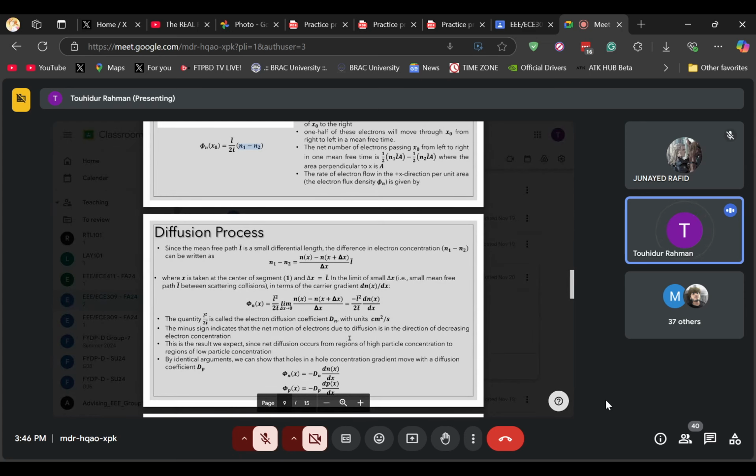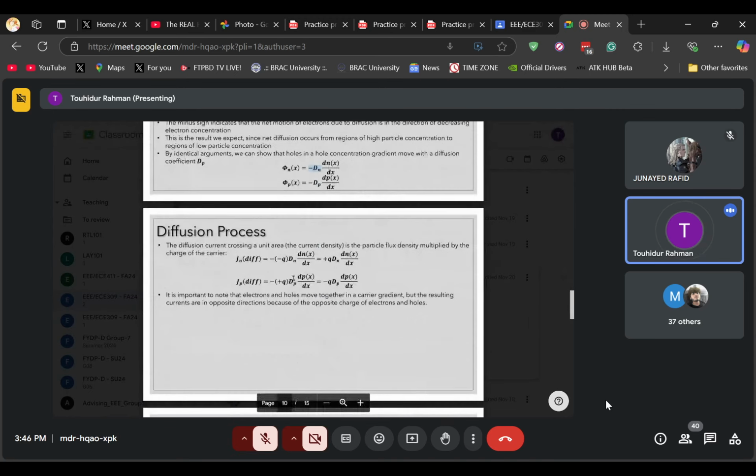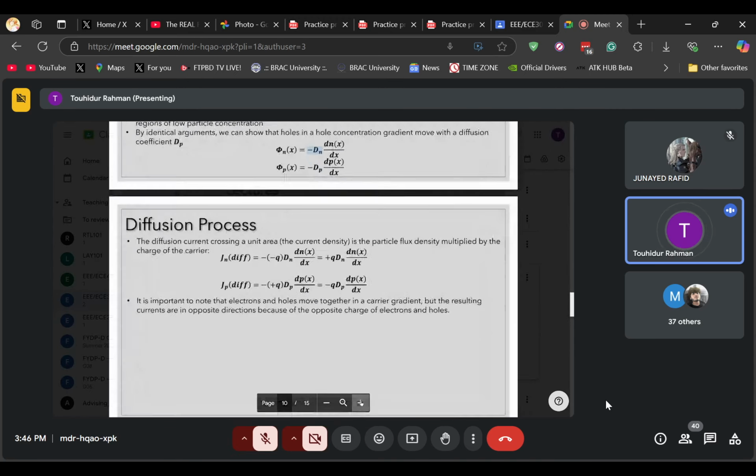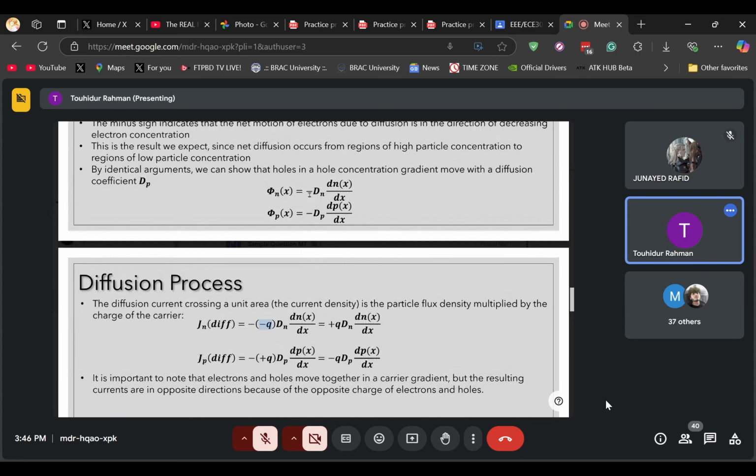Hope that makes sense. Now we know the equation of current is Q n v, we already know nv, we need to multiply it with the charge. So if it is electron, this charge will be negative Q, so minus negative Q dn by dx, the sign will become positive.